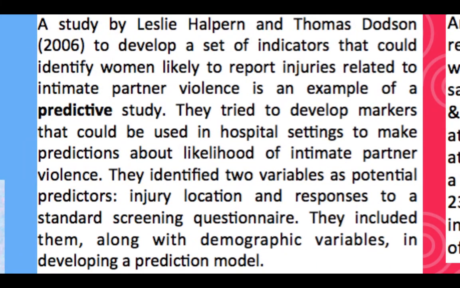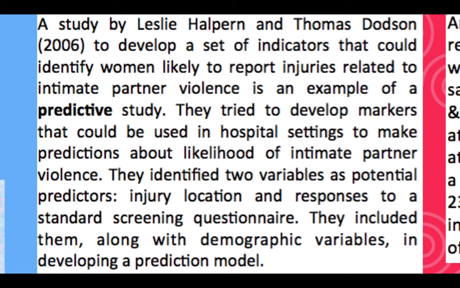A good example for this is a study by Leslie Harplen and Thomas Dodson, 2006, to develop a set of indicators that could identify women likely to report injuries related to intimate partner violence. It is an example of a predictive study.